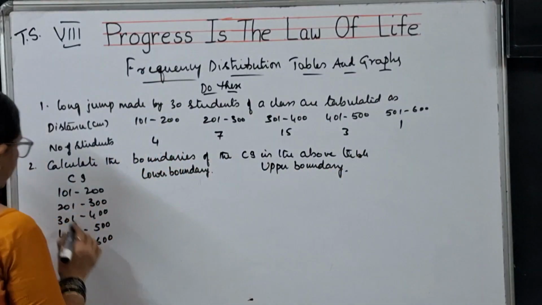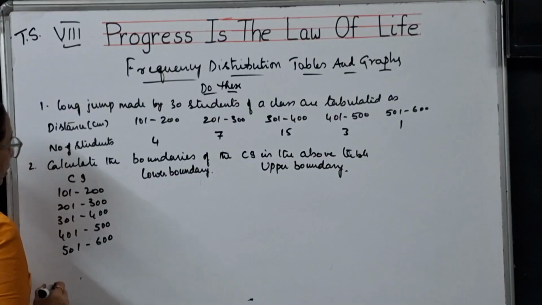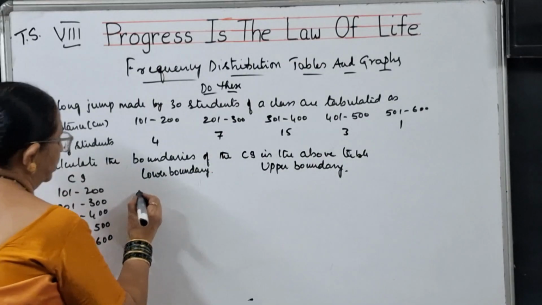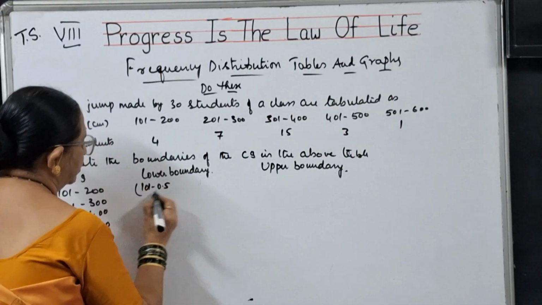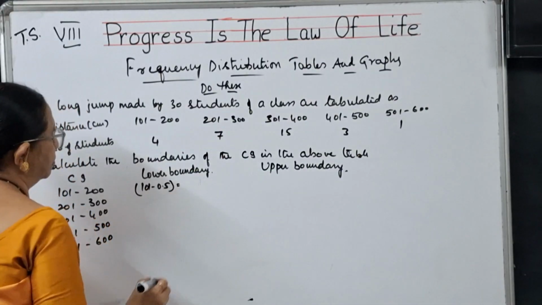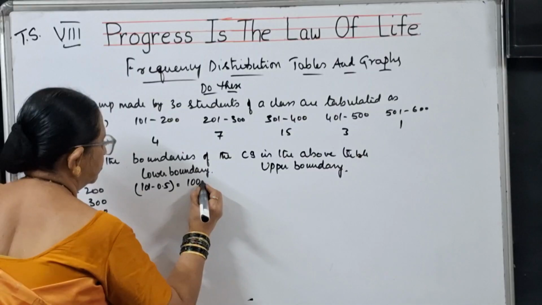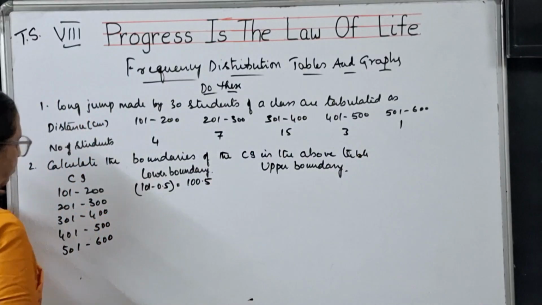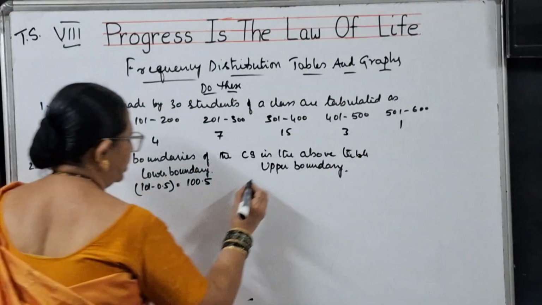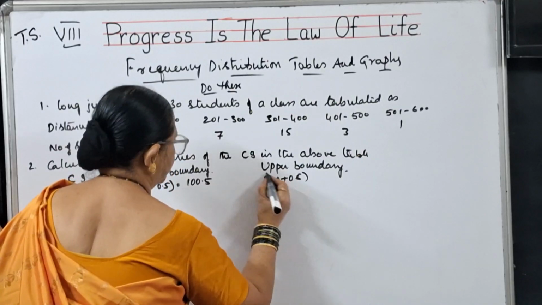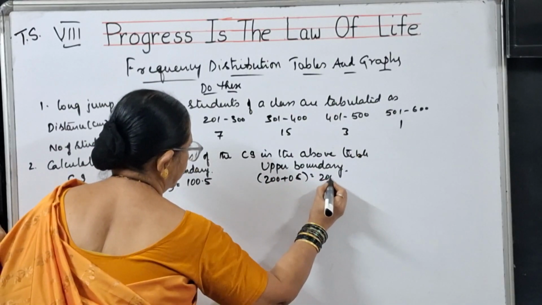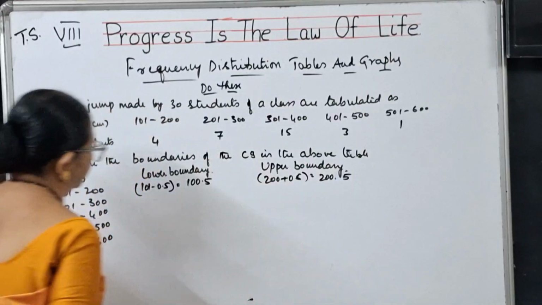How will you write the lower boundary? 101 minus 0.5. How much is it equal to? 100.5. Lower boundary. And upper boundary? 200 plus 0.5 is equal to 200.5.